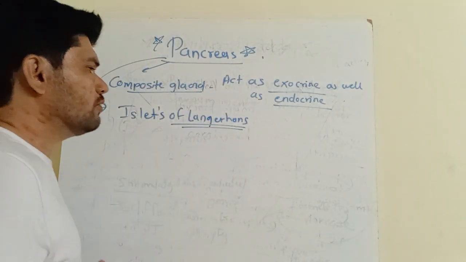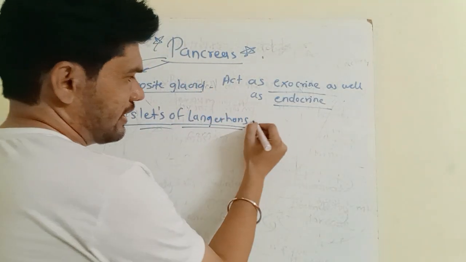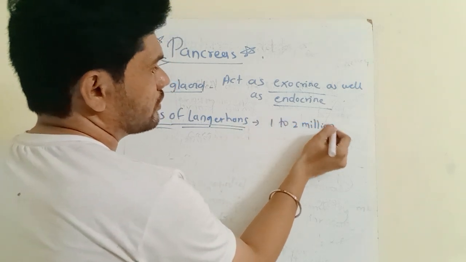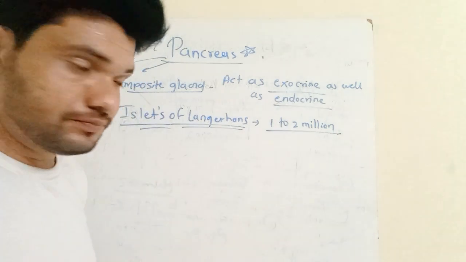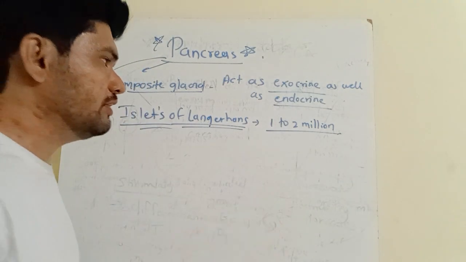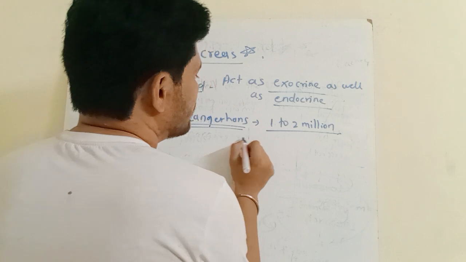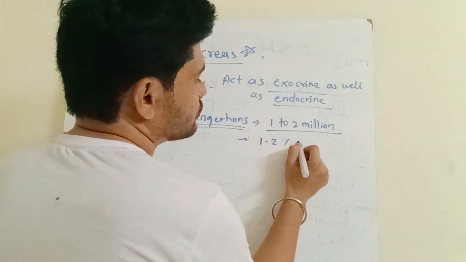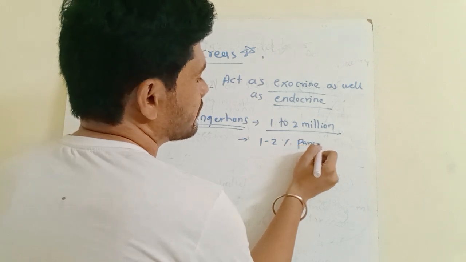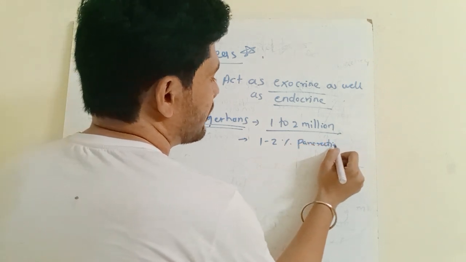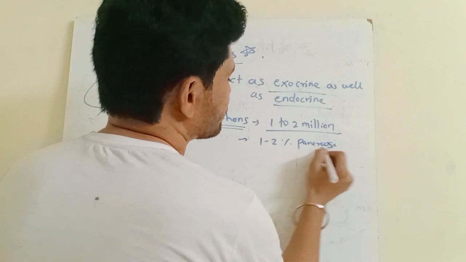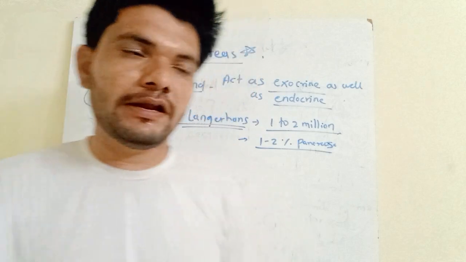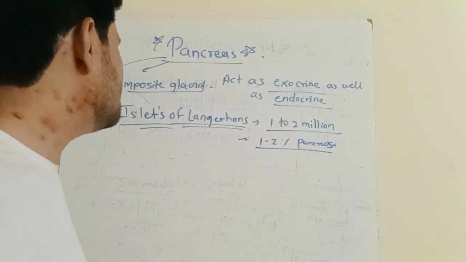There are about 1 to 2 million islets of Langerhans in the pancreas of a normal human being, and they make up about 1 to 2% of the pancreatic tissue, so they have a volume of 1 to 2% of the total pancreas.